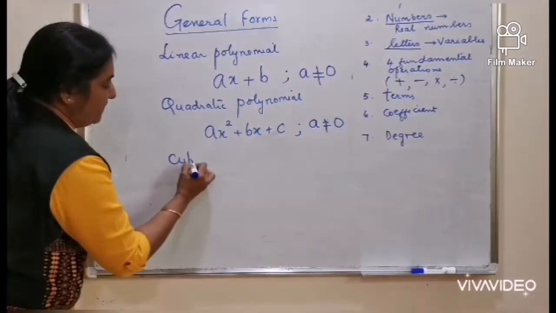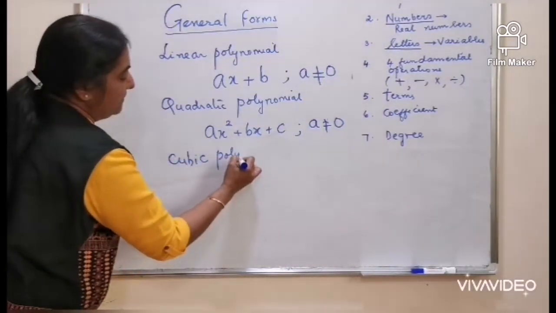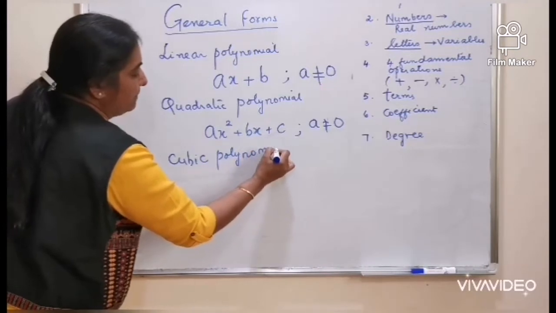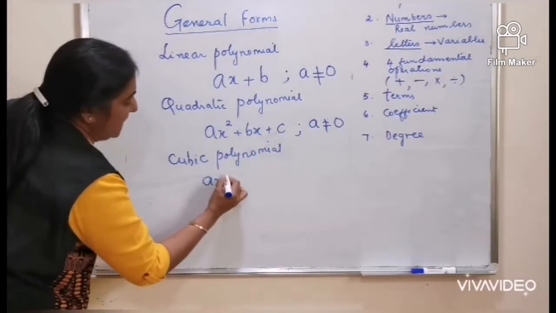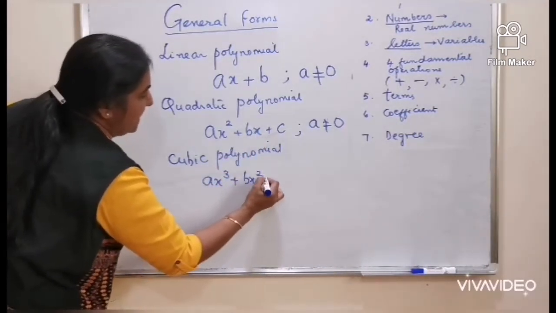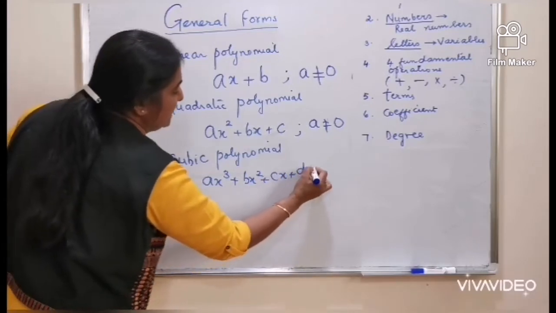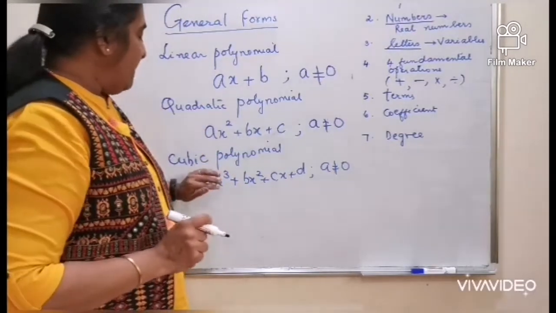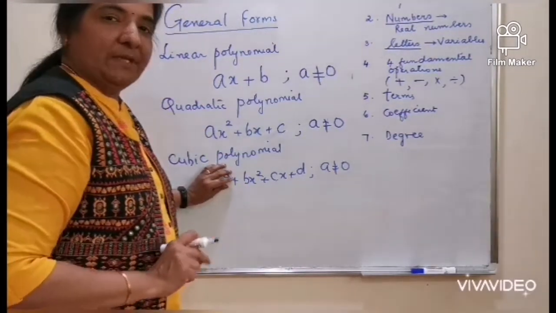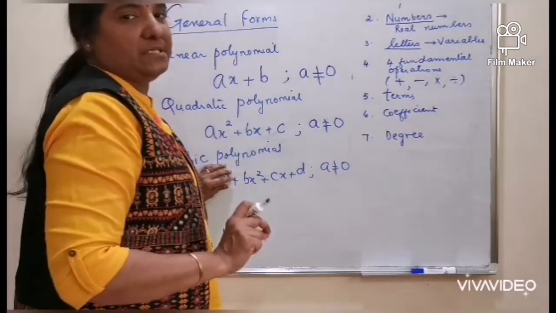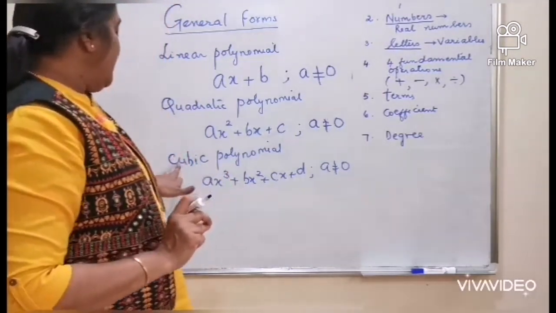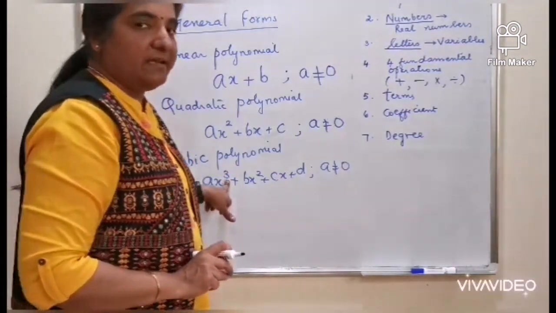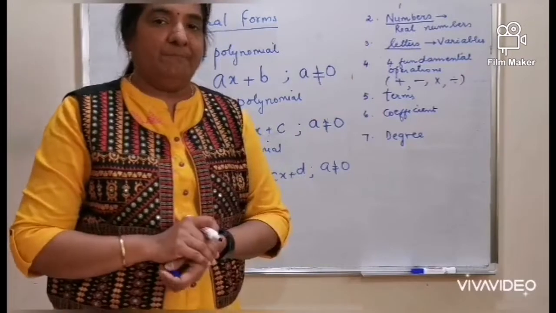The general form of a cubic polynomial is ax cubed plus bx square plus cx plus d. A similar explanation of the power: the x cubed term should not be 0, as the highest degree should be 3 for this particular polynomial.